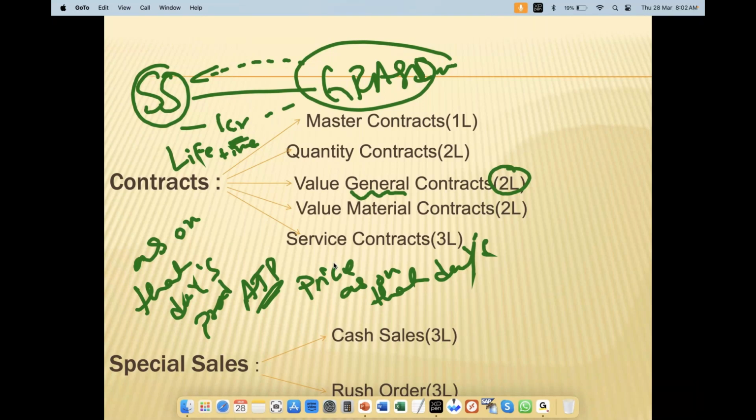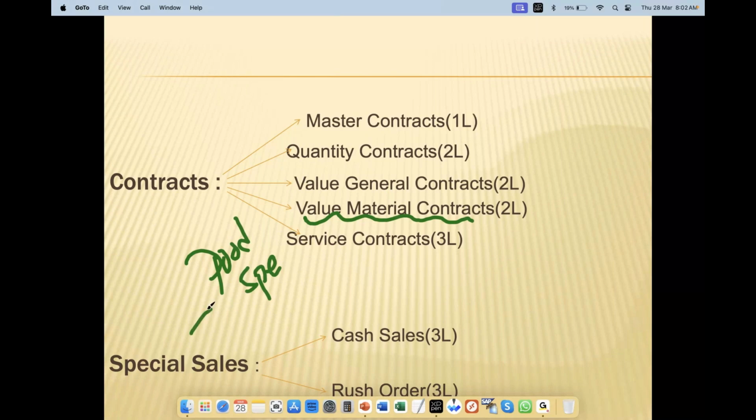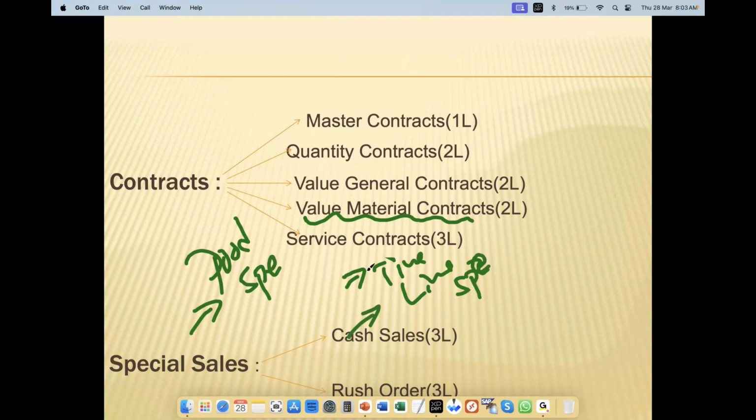Done. Now value contract material relevant. This is product specific. This is timeline specific. Because, for example, there is fashion, and no fashion can be lifetime, right?